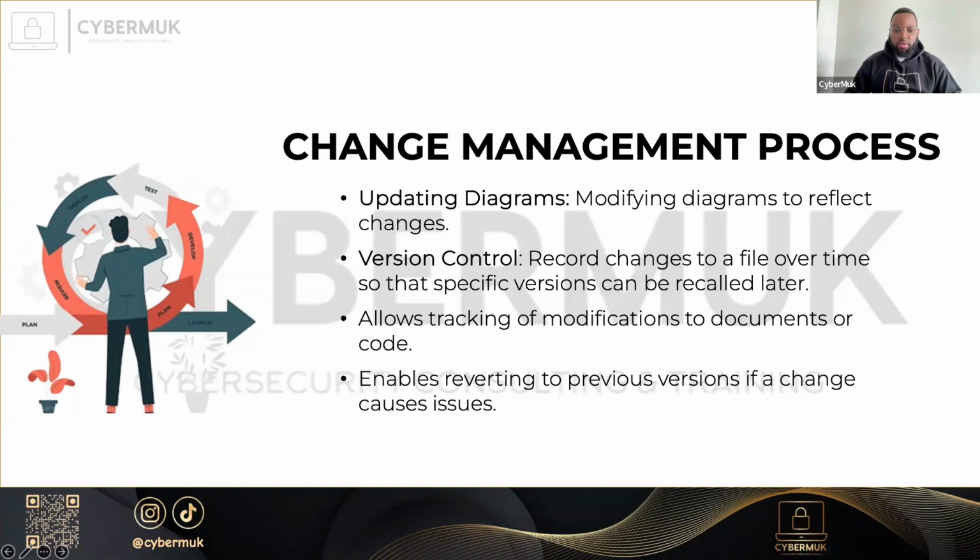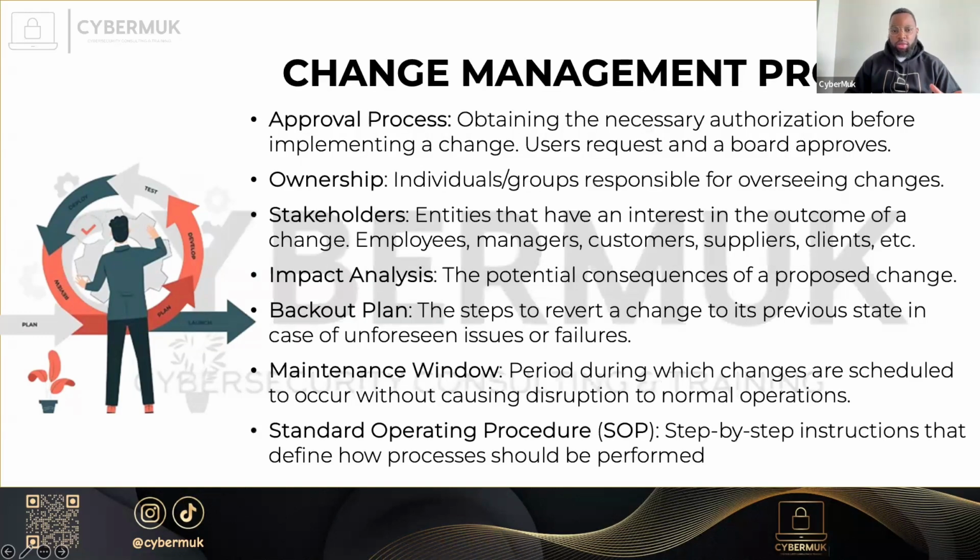So that's an overview of the change management process with the important points. Approval: you need approval from an individual or a group responsible. It needs to consider the impact on stakeholders. You need a backup plan in case something goes wrong. You need to follow standard operating procedures.